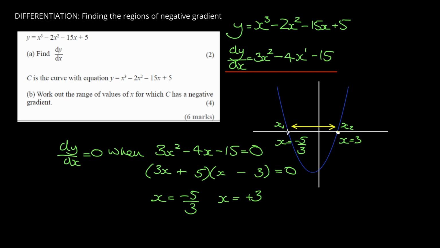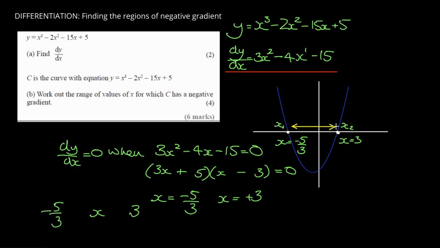So the goalposts themselves would have the gradient function as 0 gradient. So we need to be inside the goalposts. So when we write our inequality expression, we must exclude the goalposts. So x is going to be between 3 and negative 5 over 3.